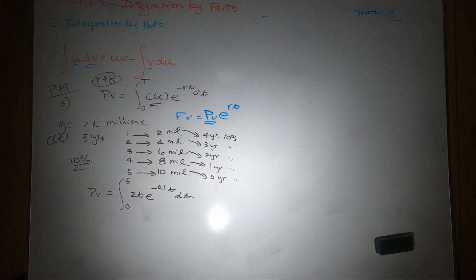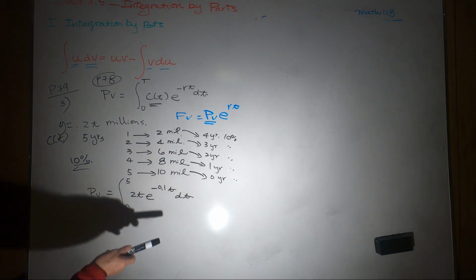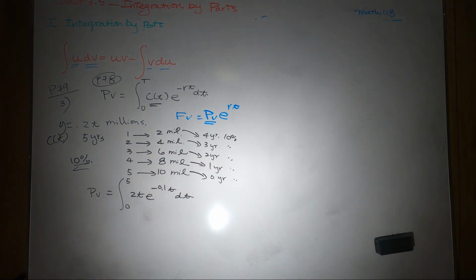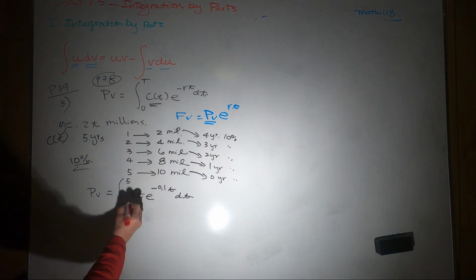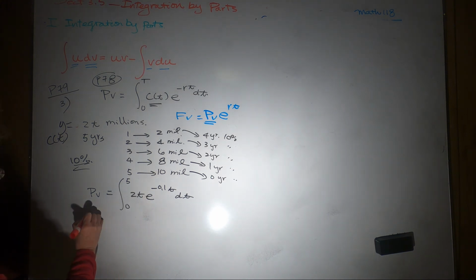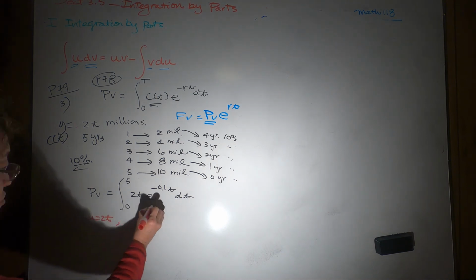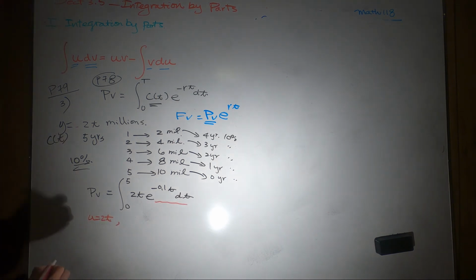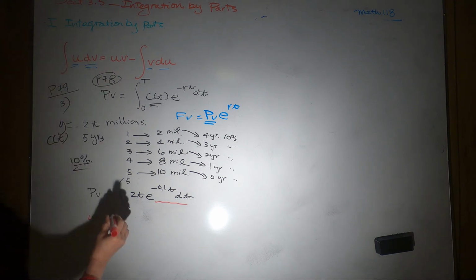With the polynomial and the exponential function, right? With polynomial and exponential, usually as a rule of thumb, which one will you use as your u? The polynomial. So your u is what? 2t, right? The remaining things will be your dv.